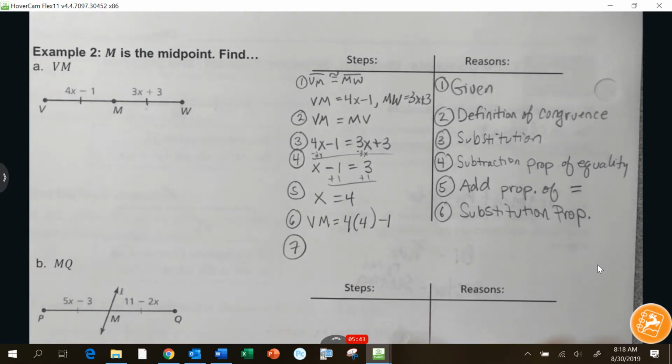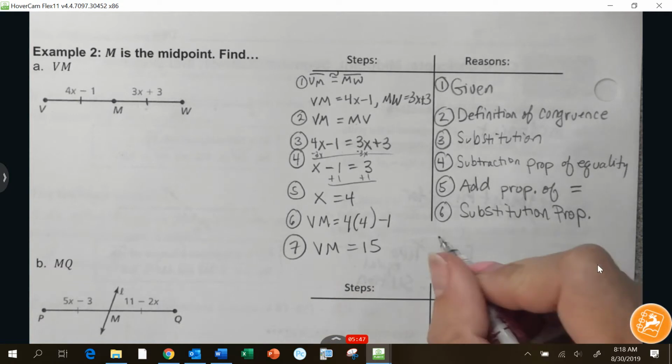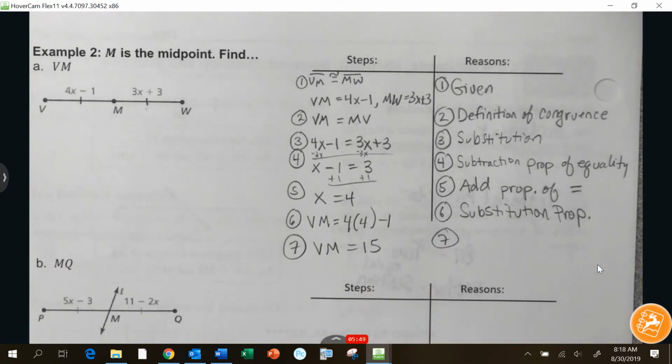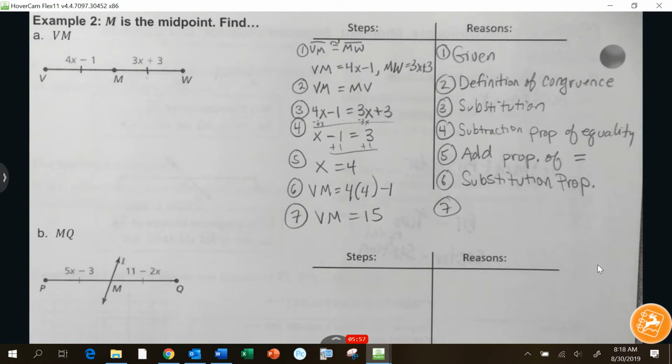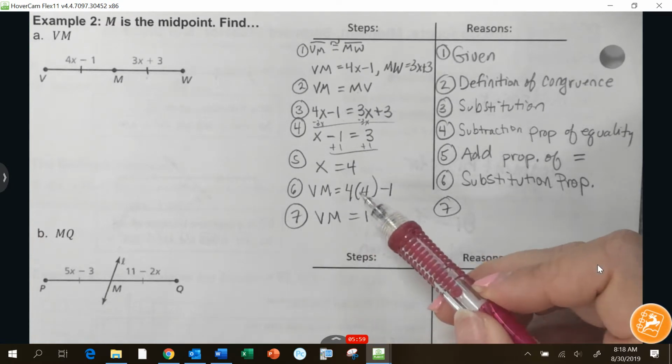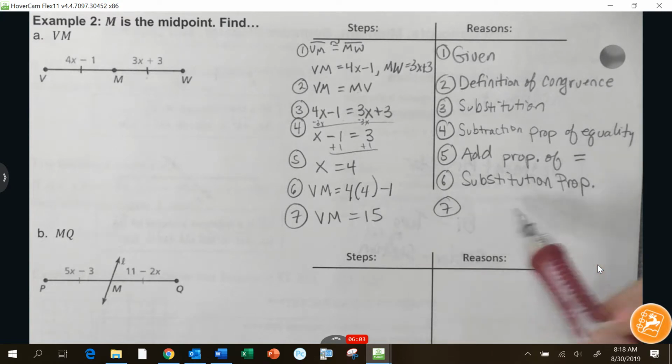And then number 7, VM equals 15. How do I get that? Jay, do you know? Do you know what the reason is? Do you know what I've been putting for those reasons?